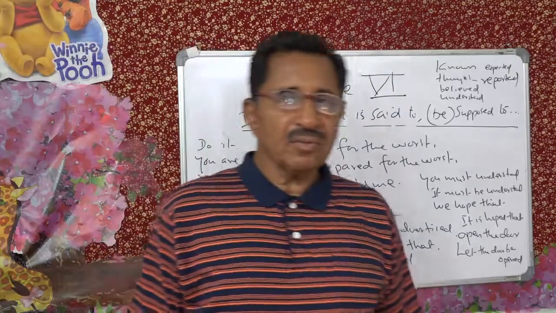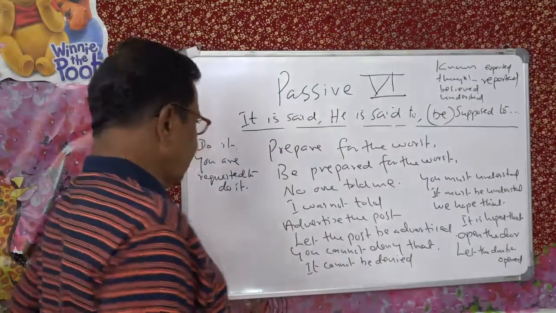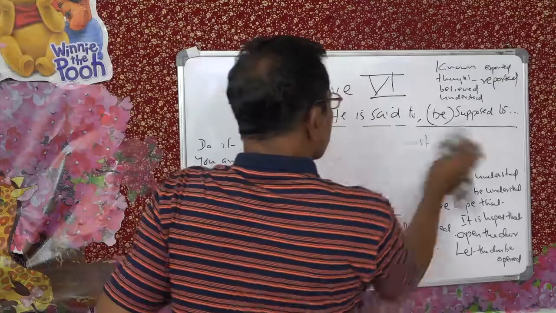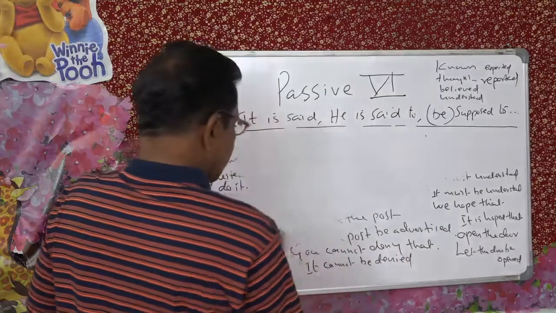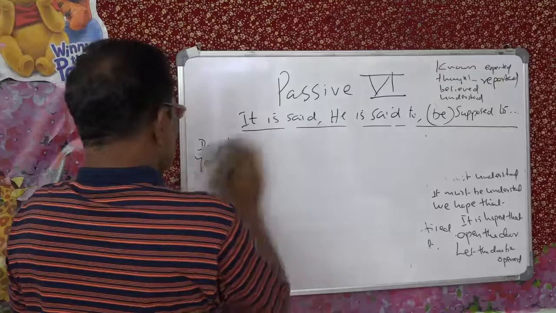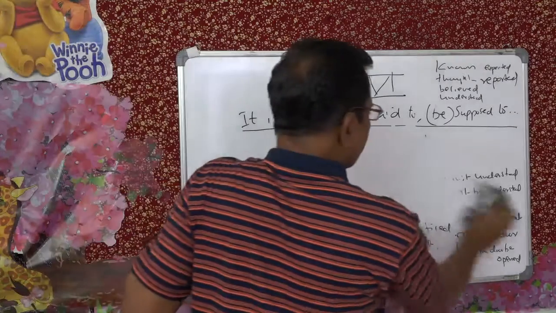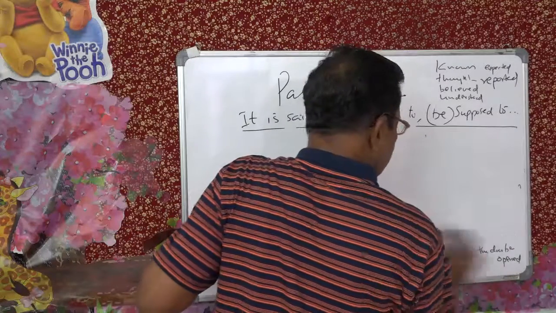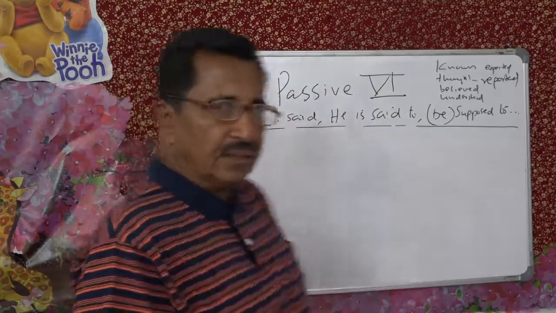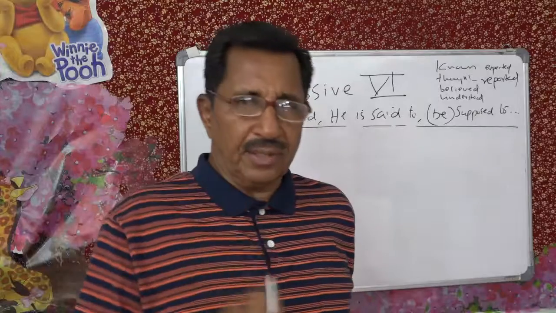Now I think that is clear to you. Also I have told you about ditransitive verbs. Ditransitive verb means you have got two objects.